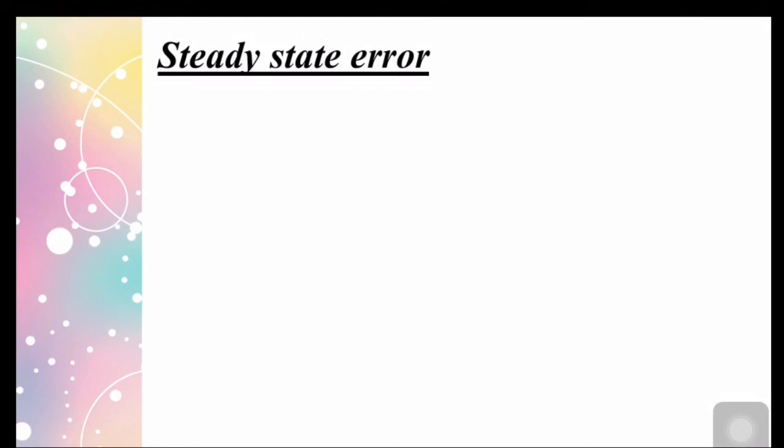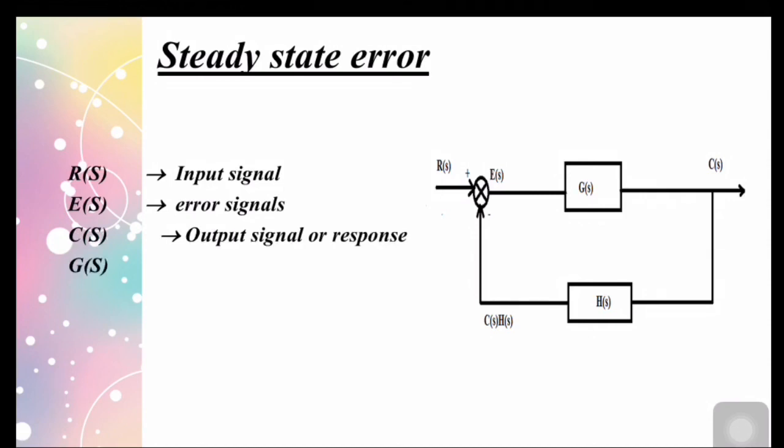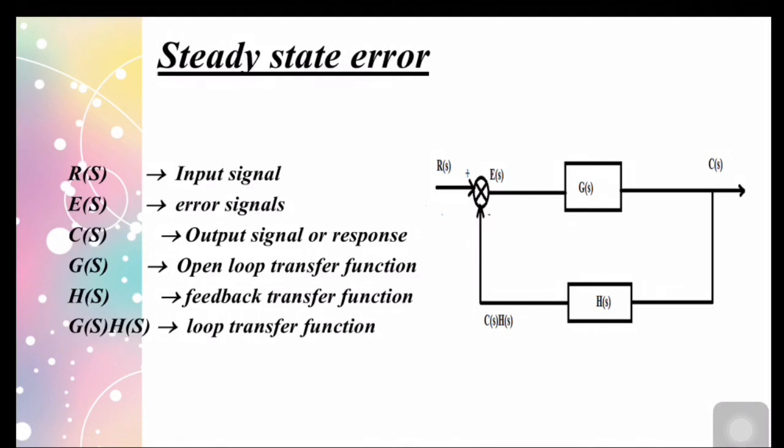The analysis of steady state error is already done in our previous video, so I'm not going to do that right now. Here you can see a closed loop system where R of s is the Laplace transform of input signal, E of s error signal, C of s output signal, G of s open loop transfer function, H of s feedback transfer function, G of s H of s loop transfer function.